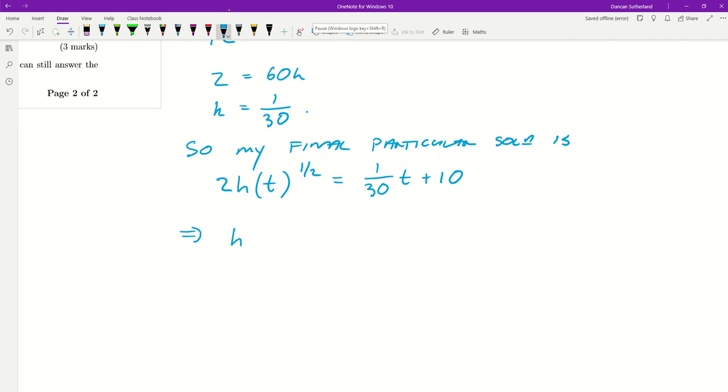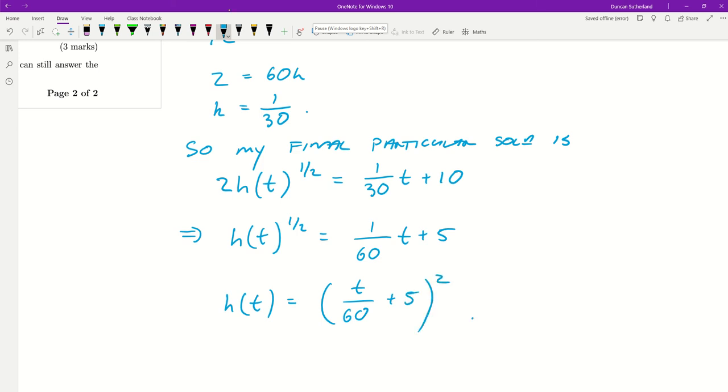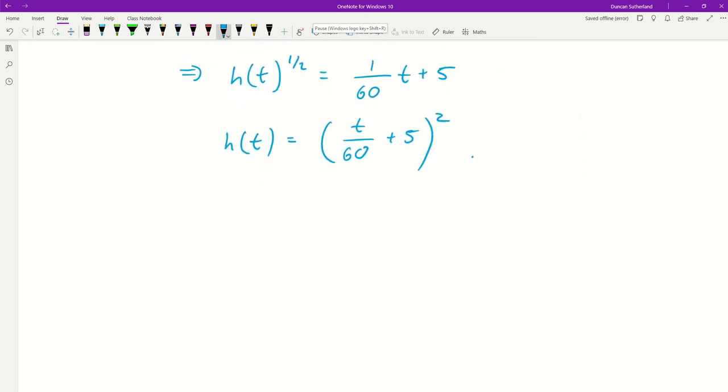This implies h(t) to the half equals 1 over 60 t plus 5. h(t) equals (t on 60 plus 5) squared, like that. I could expand this bracket out. There's no good reason to do so. This is perfectly sufficient. This is a closed form for h, and I was asked to determine h of 240.